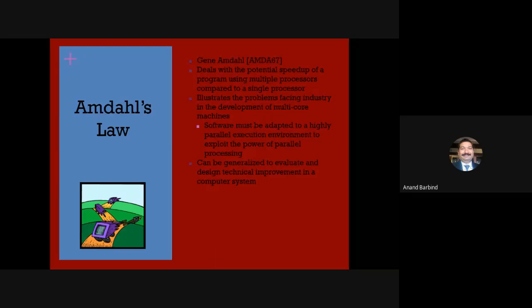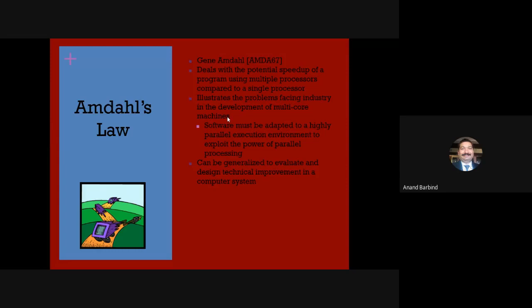So if you use multiple processors, the time required for execution will be less. You can reconfigure your computer to use more processors so as to speed it up. It illustrates the problem facing industry in the development of multi-core machines.